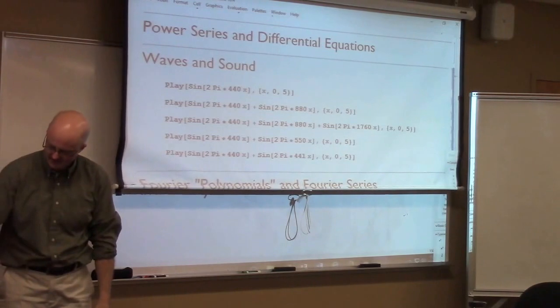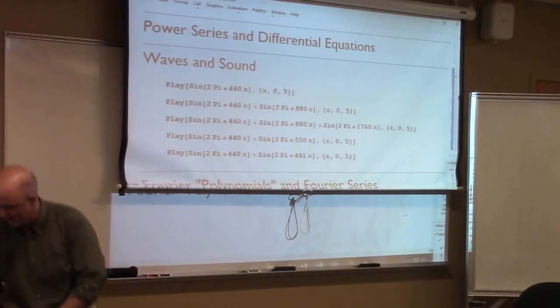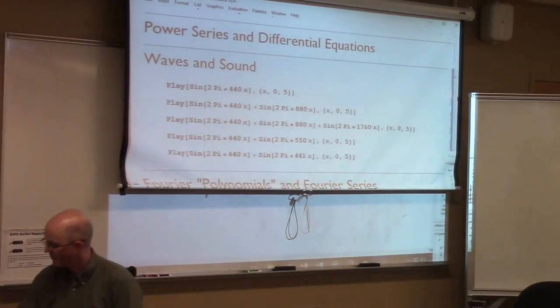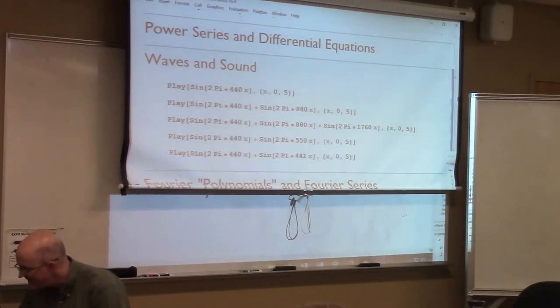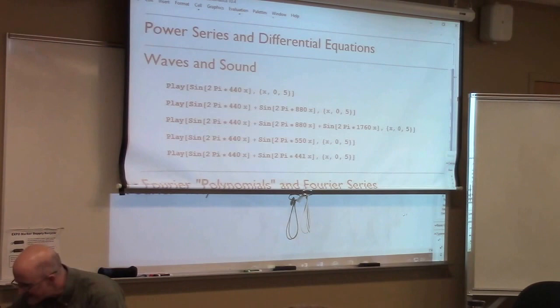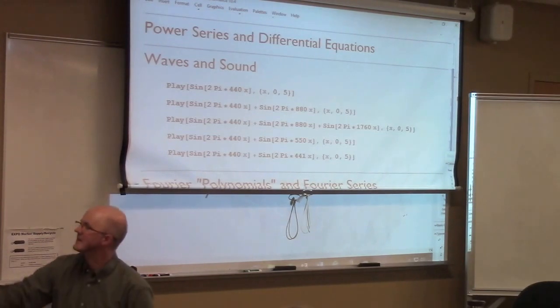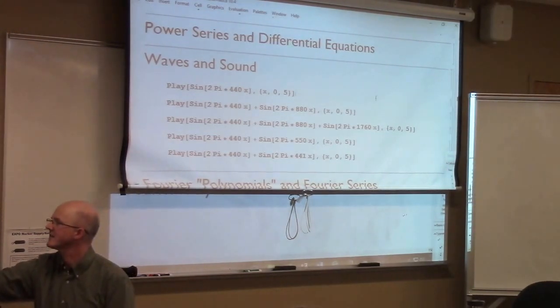Oh, I forgot to test the sound system ahead of time here. You can get Mathematica to play things for you, sound waves, with the code that you see there. Let's see, is the... Oh, I should have tested this ahead of time. I'm not sure if the sound system is turned on. Let's just check it and see if it is.